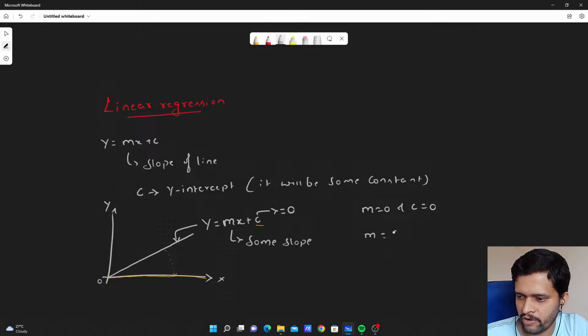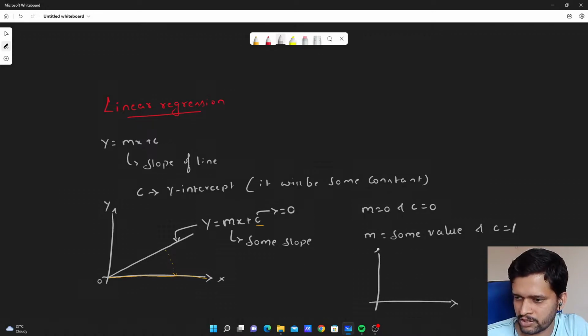Now what happens if m is some value and c is equal to 1? So it's not 10, let's say c is equal to 1. In this case, we will have a straight line, where this is x, this is y, and let's say these are the values 1, 2, 3, 4, and likewise on the x-axis as well.